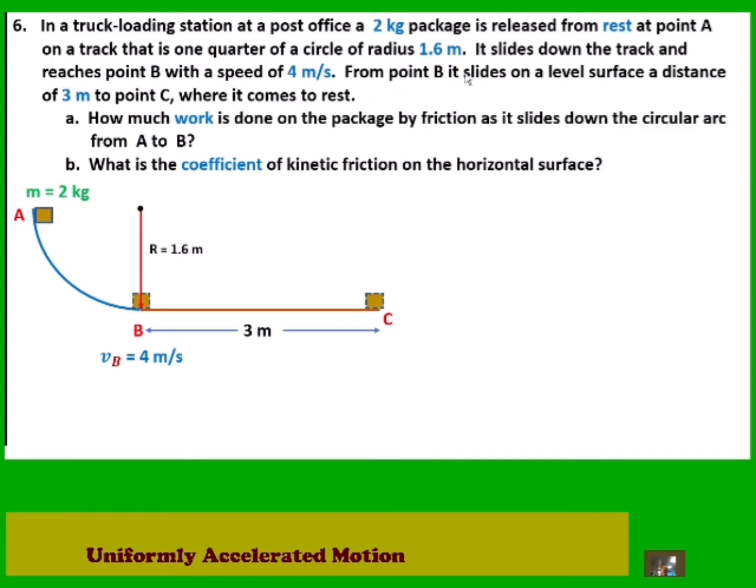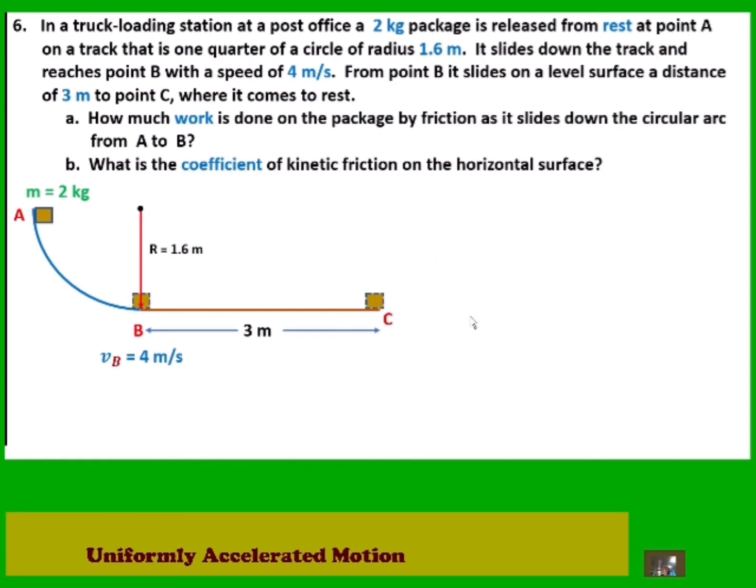From point B, it slides on a level surface a distance of 3 meters to point C where it comes to rest. A. How much work is done on the package by friction as it slides down the circular arc from A to B? B. What is the coefficient of kinetic friction on the horizontal surface?